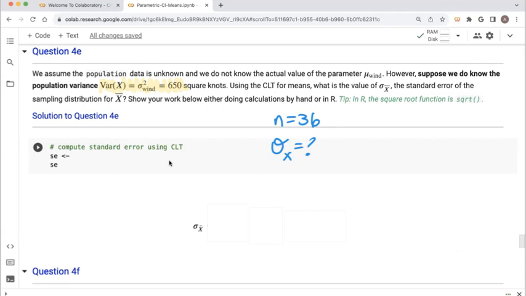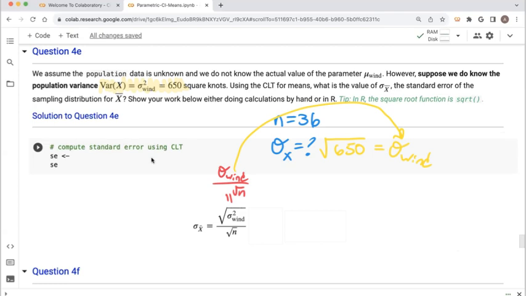So if we know what the population variance is, and we've got a sample of 36 observations, then from the central limit theorem, we can calculate the standard error for the sampling distribution. It's going to be the standard deviation of the population, so in this case, the square root of 650 divided by the square root of the sample size.